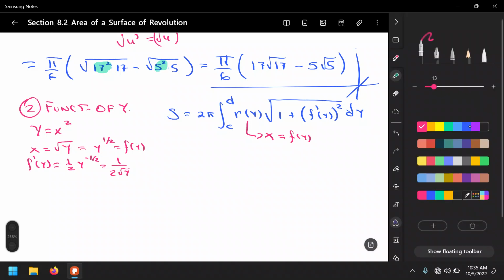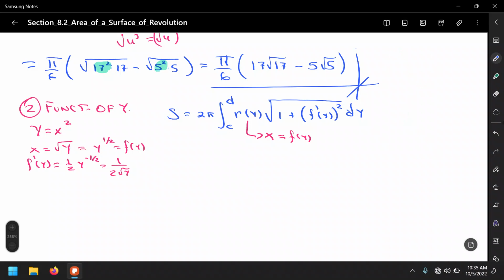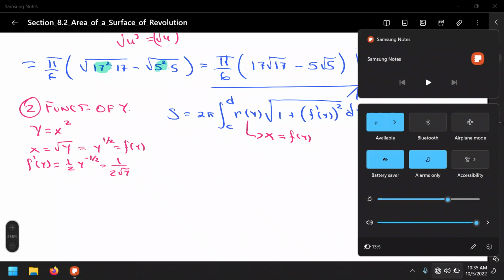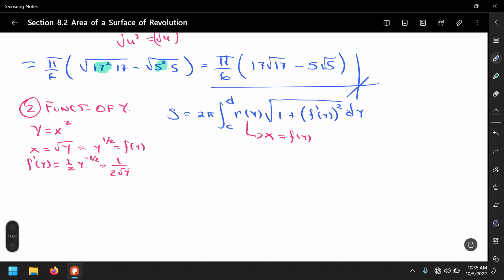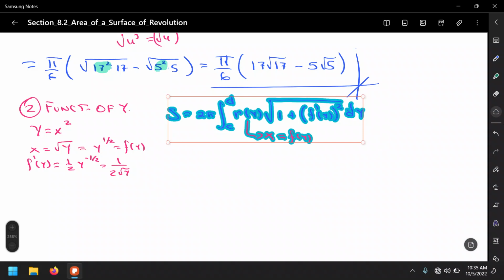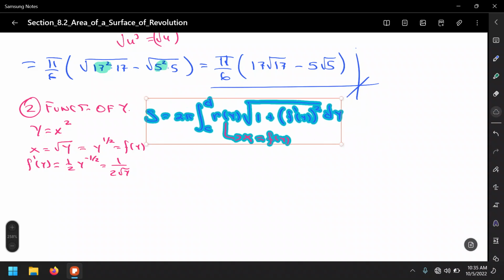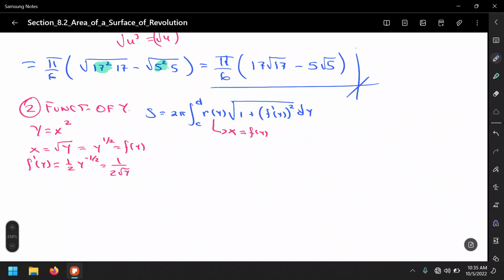So this will be the integral. Let me make some space. 2 pi, the integral from c to d. What are the limits going to be this time?